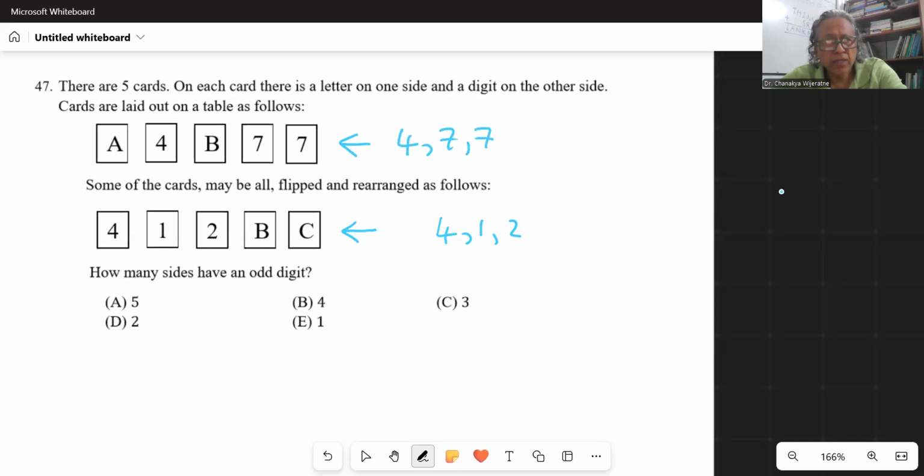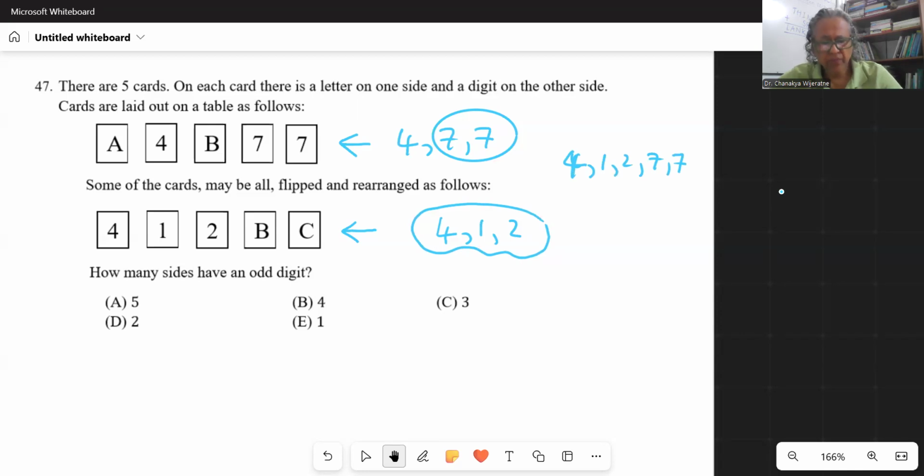And when you look at this, you can see that the 7 actually appears twice, right? And then 4, 1, 2, so it has to be 4, 1, 2, 7, 7, right? So how many sides have an odd digit?